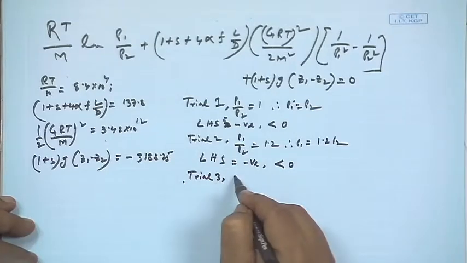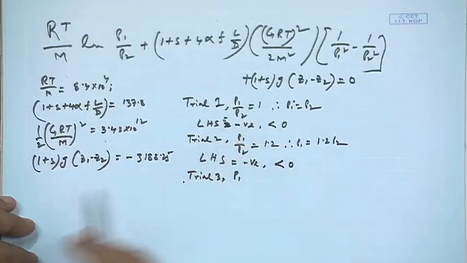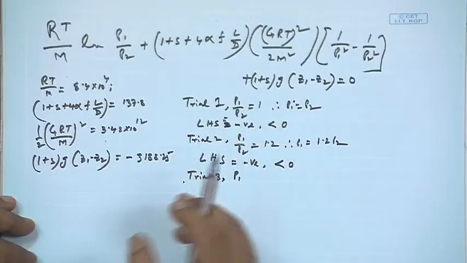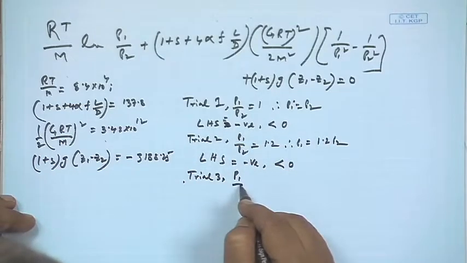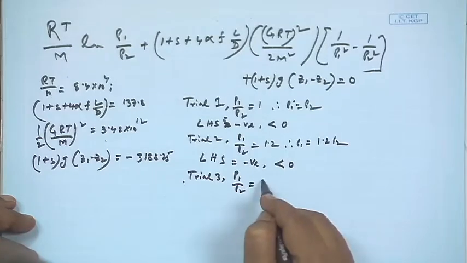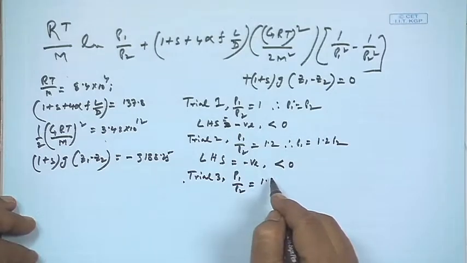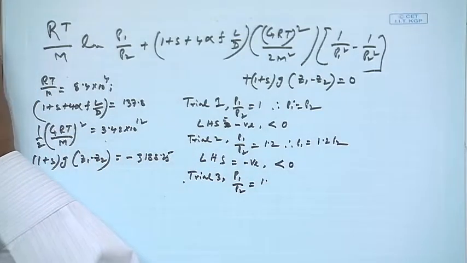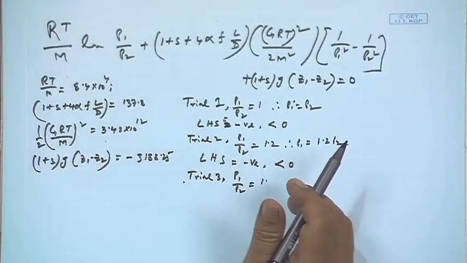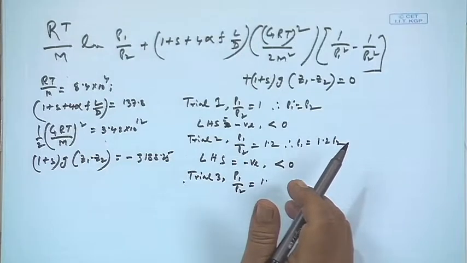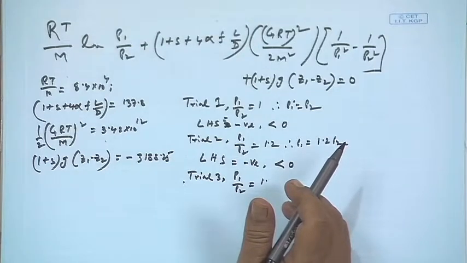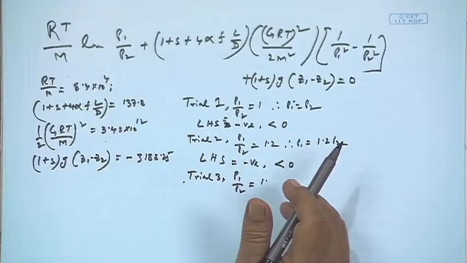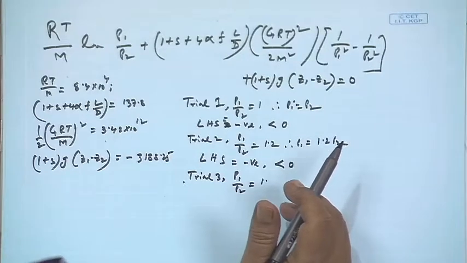So, trial 3. If 1.2 is less, then let P1 by P2 be equal to 1.5.